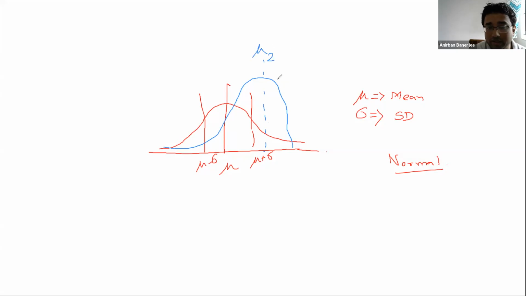These values are clustered within a short span, whereas there are multiple observations on this side. In statistical terms, we say that this is a distribution which is not normal. This is a skewed distribution. This is called positively skewed, whatever you are seeing.